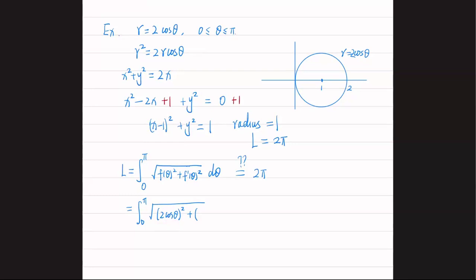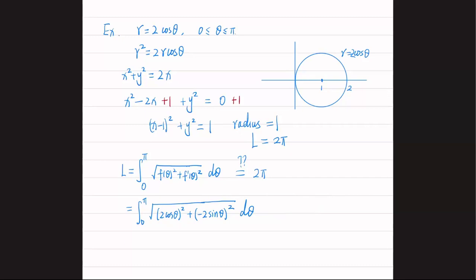Okay, so let's check. f theta, g theta. If you take a derivative, what's the formula? From where? From here?